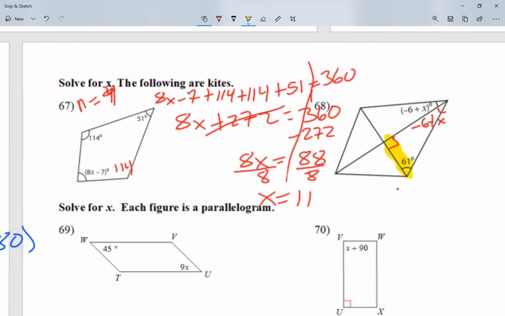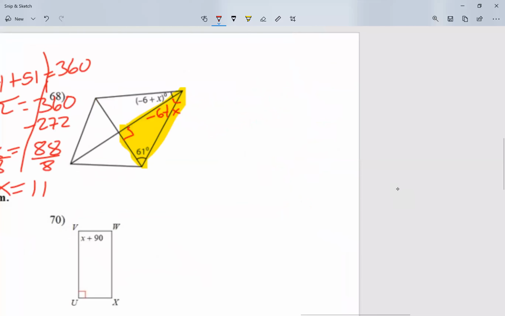I want us to focus on one triangle only. I have all three angles of a triangle. So I'm just going to add everything. Negative 6 plus x plus 61 plus 90, don't forget the 90, is equal to 180.